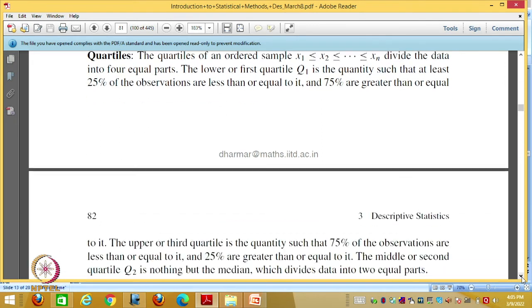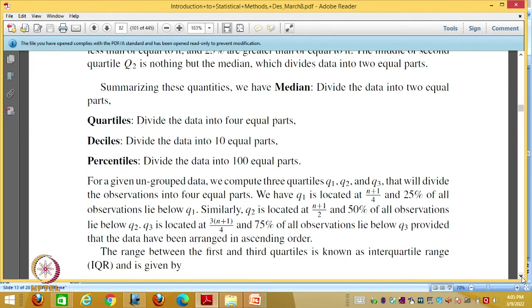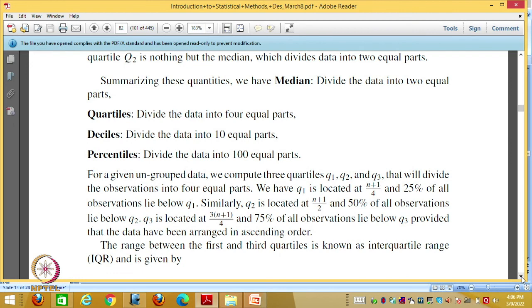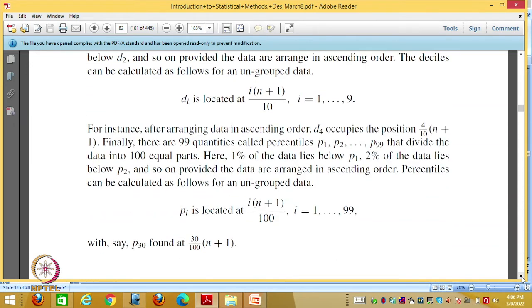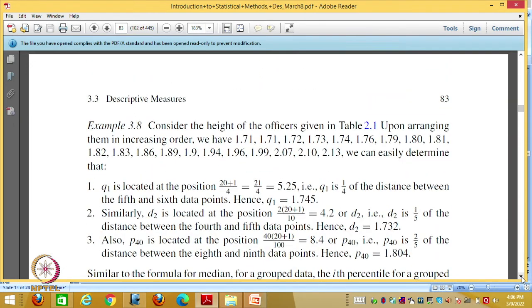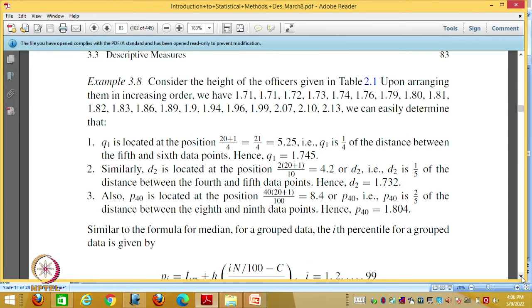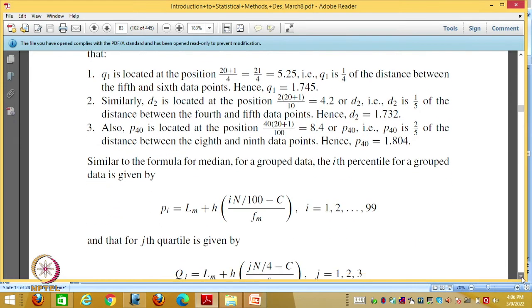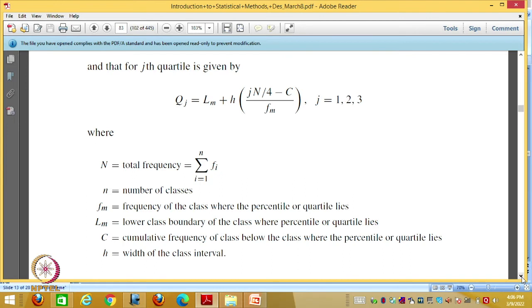And then yes, we divide the data into 4 equal parts, those are quartiles, and deciles and percentiles. So, these are all things we do based on the problem. Yeah, for the same officer example we have done the same exercise.